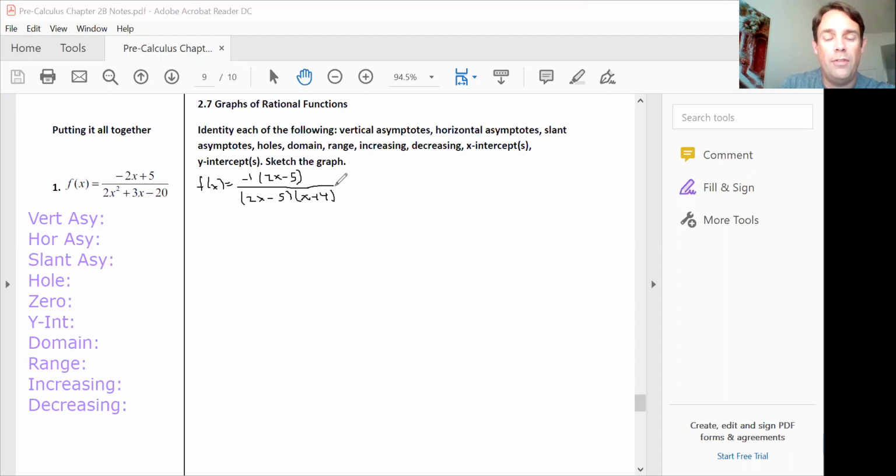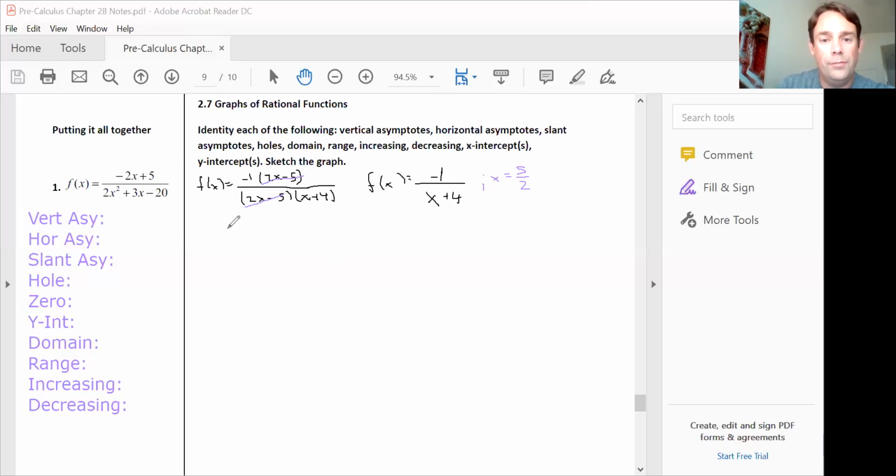It means I'm going to have an x value of a hole. So we can simplify this just a little bit: -1 over x + 4. So that's the function we're dealing with. But remember, we have a hole. x cannot be equal to 2.5 or 5/2, because that was the common factor we were able to get rid of.